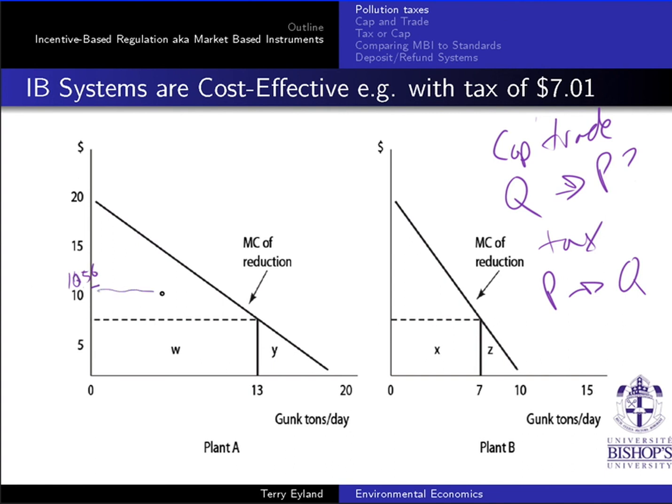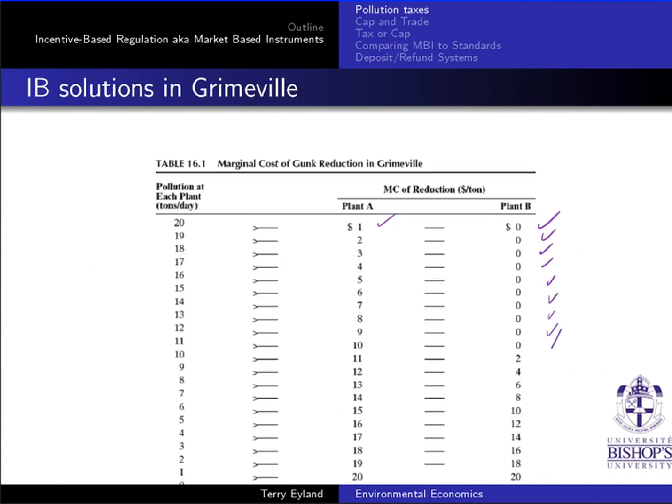Well, I could expect Plant A to reduce all of these units here, because it's less expensive to reduce them than to actually pay this fee. And for this firm, the same kind of thing, all of these units here would be removed. And if we go back to the table, we could see which units would be removed. I would definitely stop producing this unit of pollution if it only cost me $1 to do so.